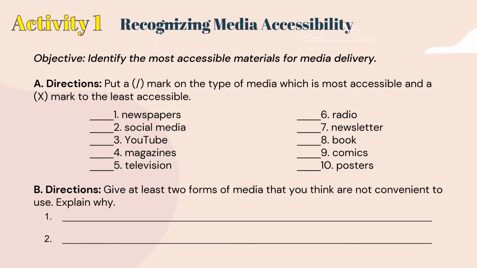So you have there the types of media, 1 to 10. On your answer sheet, just write 1 to 10 and then mark check or X. For example, number 1, newspaper, is it accessible to you? If it's accessible, then mark it check.